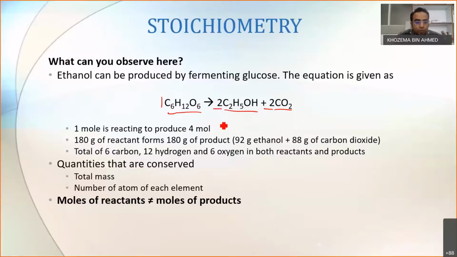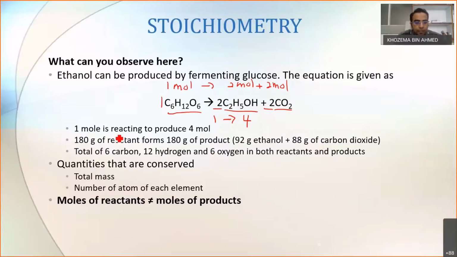So based on this equation, we say that 1 mole will produce 2 mole plus 2 mole, meaning that 1 mole of the reacting material, which is our glucose, will produce 4 mole of product, which is 2 mole of ethanol and 2 mole of carbon dioxide. So you see here 1 mole will produce 4.